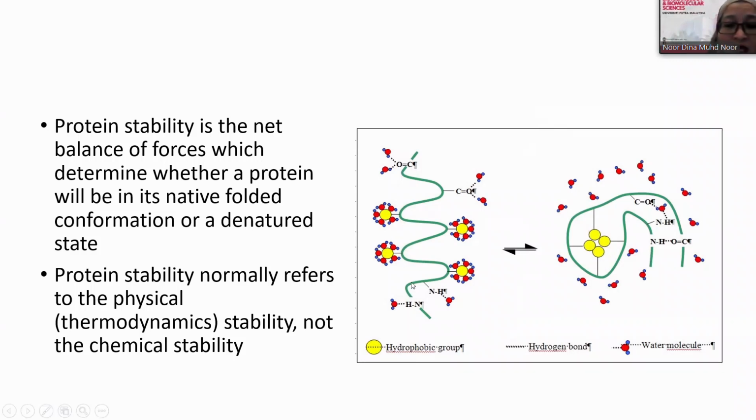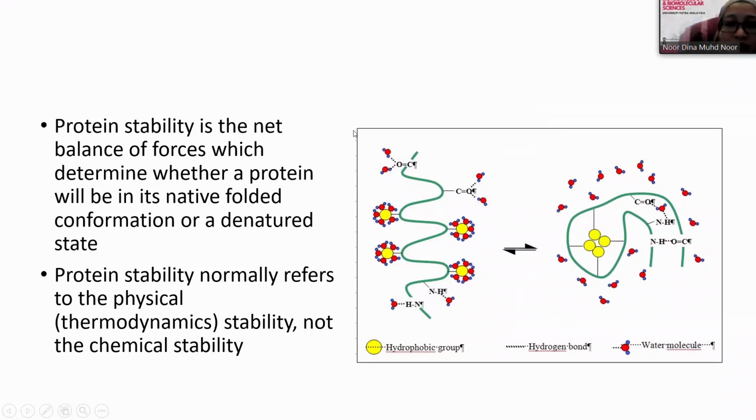The same thing here: if we have proteins with the hydrophobic group in an environment with less water, it is going to have this kind of configuration. But if we put this protein into a solution of water, it is going to have a different configuration, where the hydrophobic part of the amino acid is going to hide from the water.